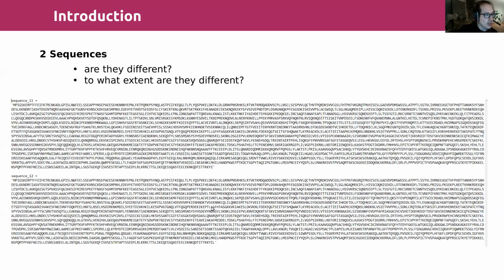But as soon as we determine that maybe they're not identical, then we have a somewhat more advanced problem, which is asking to what extent are they different? It turns out these two sequences are slightly different, but it is quite tricky to see exactly in what way.